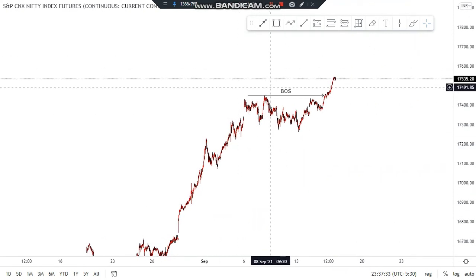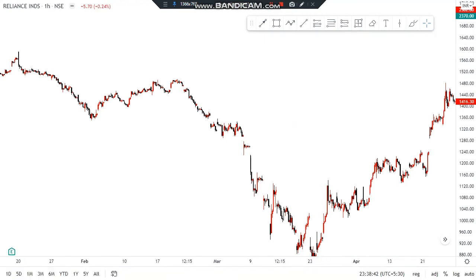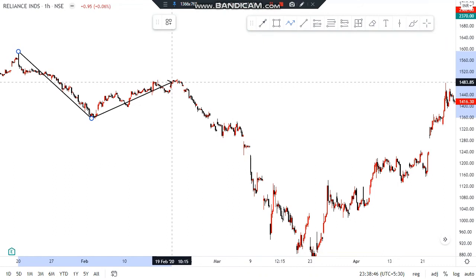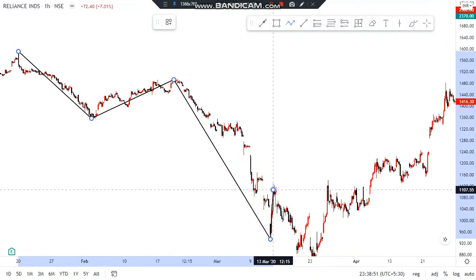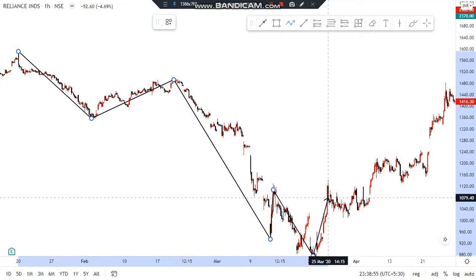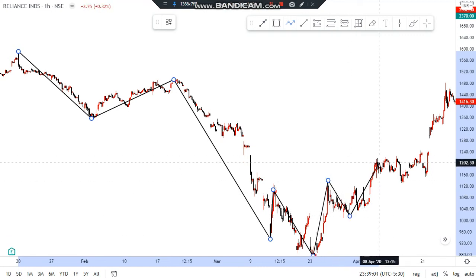Now, any other example? Let me see. Okay guys, so here is an example for a downtrend. So this is the high, low, lower high, lower low, maybe here, lower high, lower low, lower low, broke structure, corrects to form a new low, then broke again.